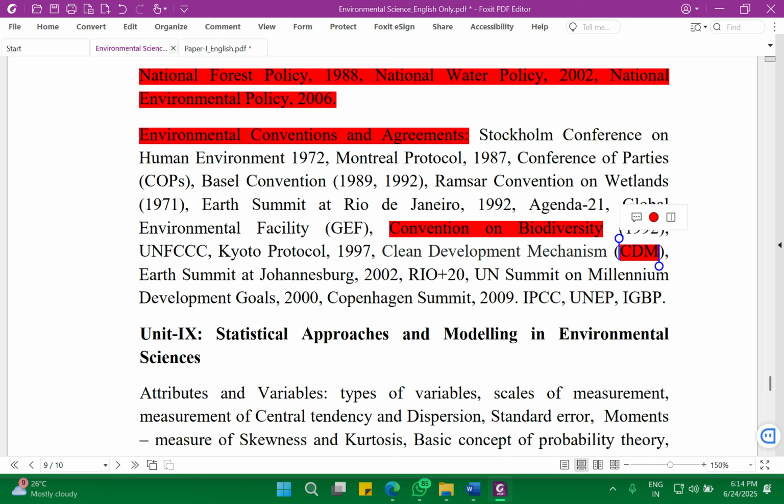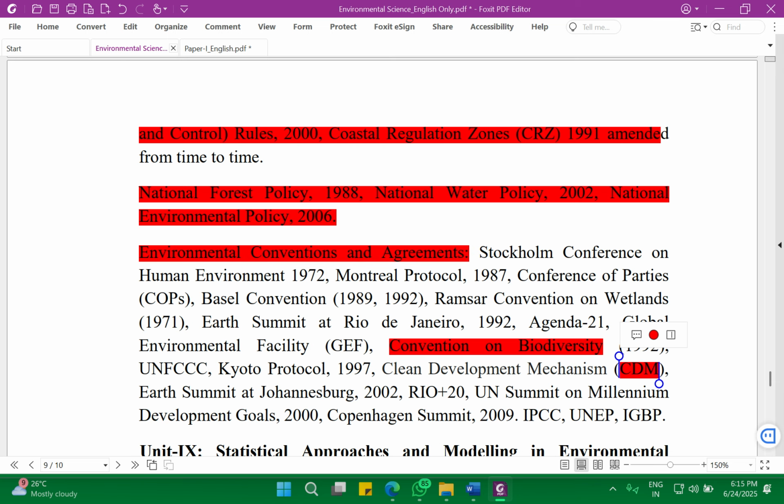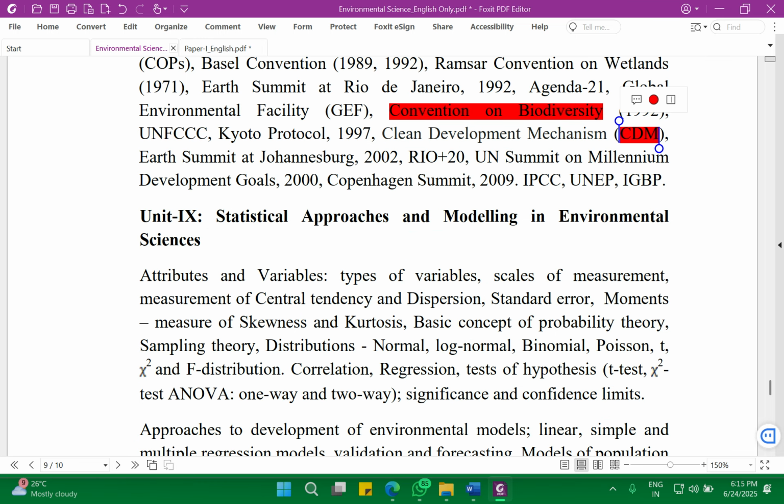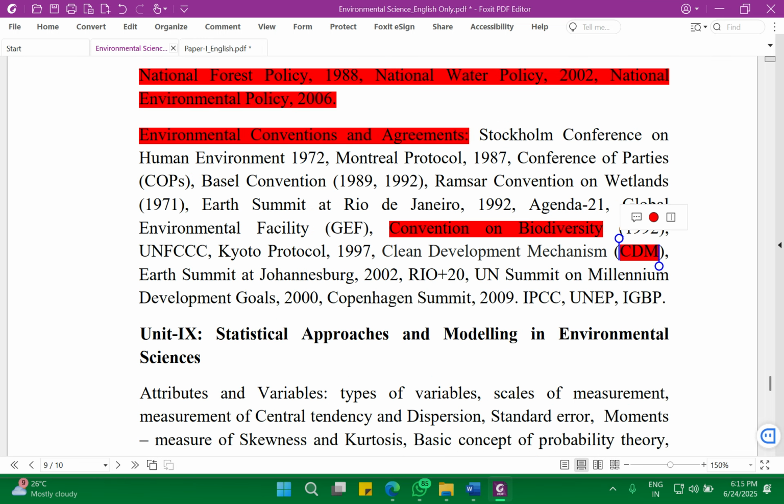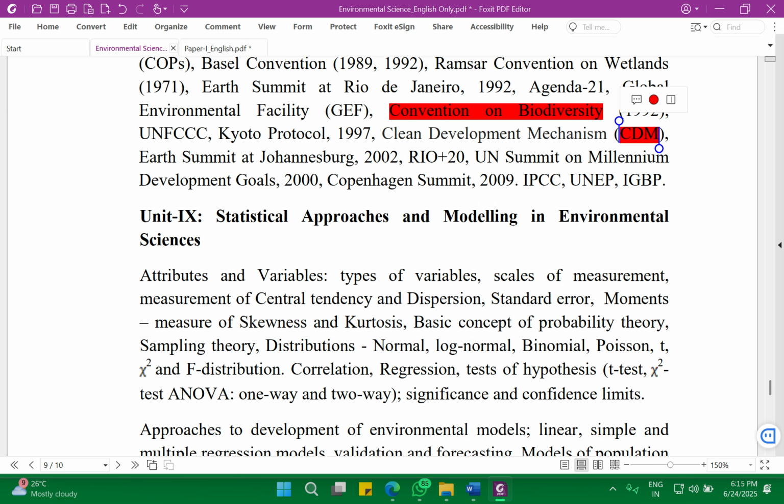So those things you need to know. The years, purpose, where it happened, and if possible, how many people have signed or agreed. Those details you can know, but at least the year, the purpose and the place you need to note. You can make it as a tabular column to easily study.